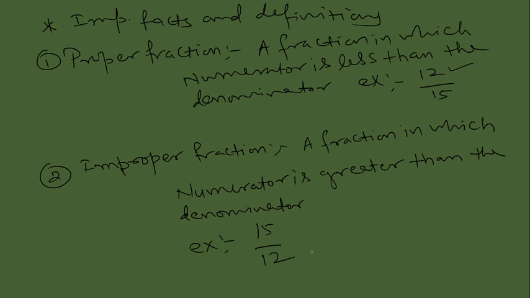And remember one fact also: when you get the unit number, one is called unity with respect to fractions, when both numerator and denominator are the same. Look here, I write unity.